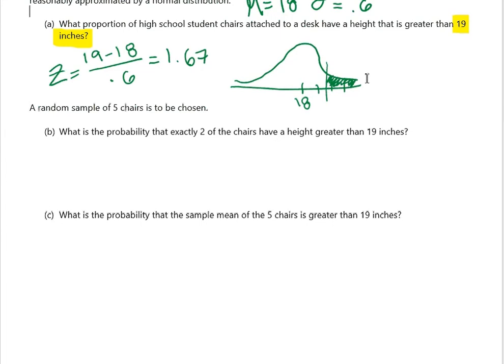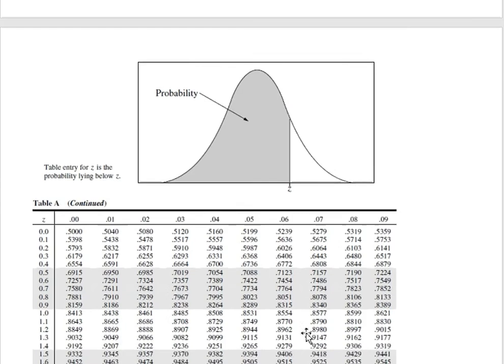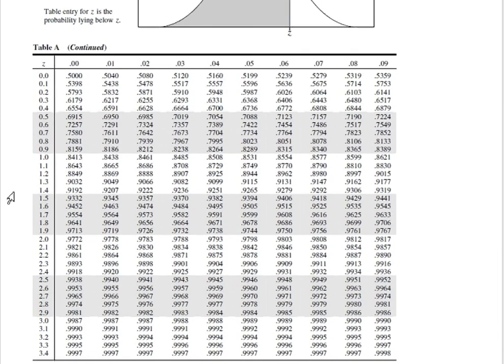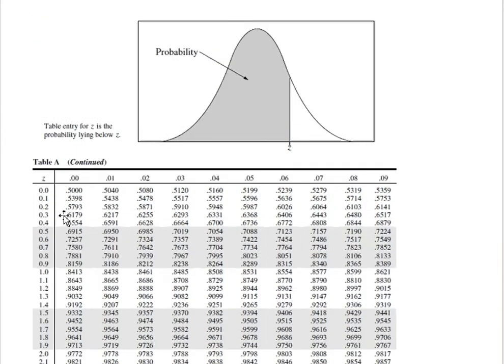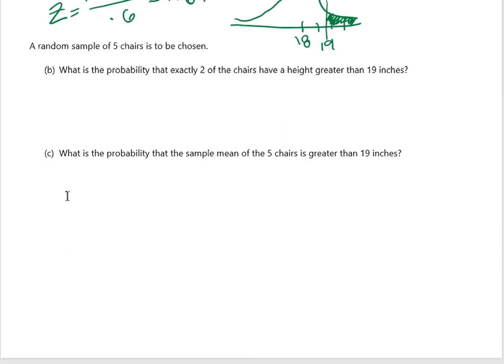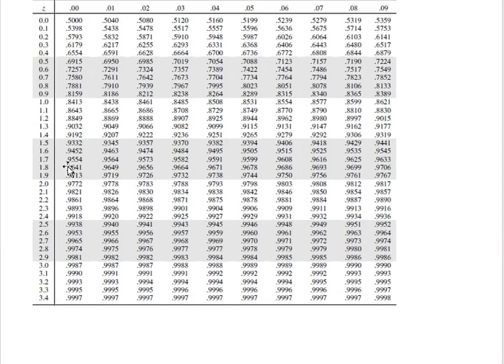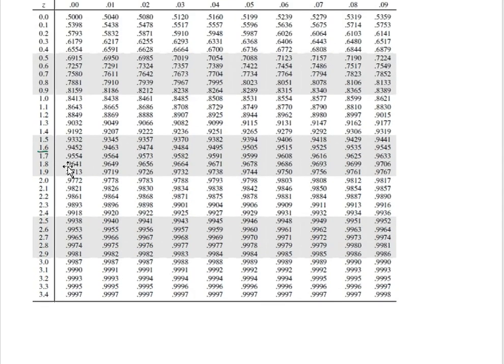Now to find this probability, I'm going to go to my table and I am going to read it so that I have a z-score of 1.67. So here is 1.6. And here's the 0.7. So I'm going to go to where that is. Now, if you'll notice, I got 0.9525, but look at the shading here.